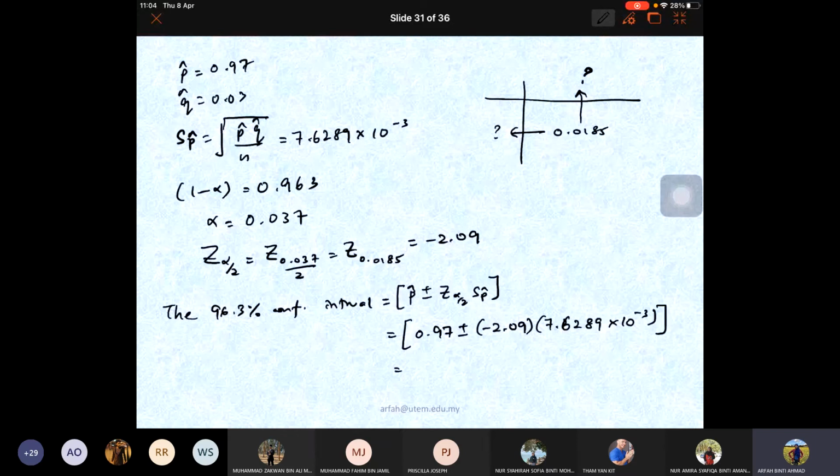So akan dapat jawapan sama dekat slide. Sama kan? 0.9541 dan juga 0.9859. Okay. So we are 96.3% confident that the proportion of compact disc that passes the test will be between 0.9541 and 0.9859.